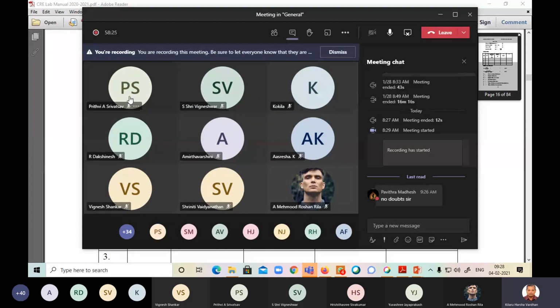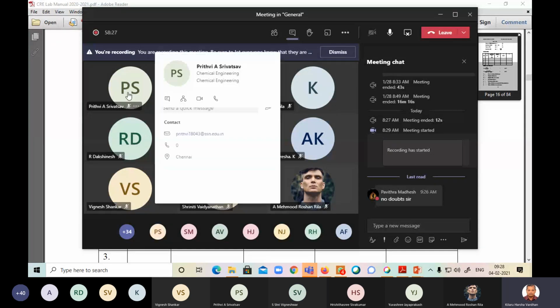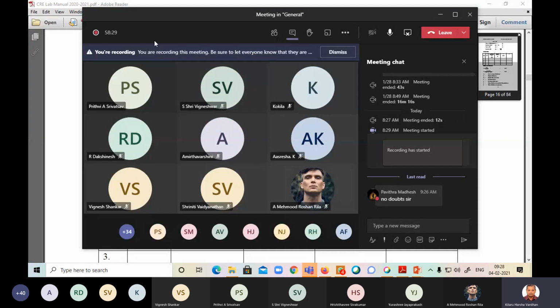Any other doubt, Prithvi? I think your doubt got cleared. Yesterday you sent some chat. Yes, sir. My M was coming as 1, so I was thinking whether to use some other formula. Now it is clear? Yeah, now it makes sense. Any other people having doubts regarding the calculation? Now you can talk about the record or observation or the CRE lab.